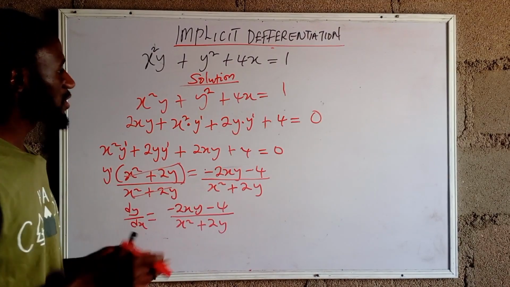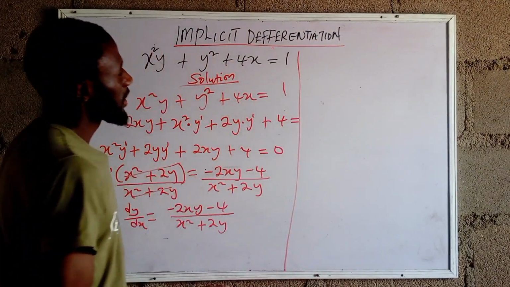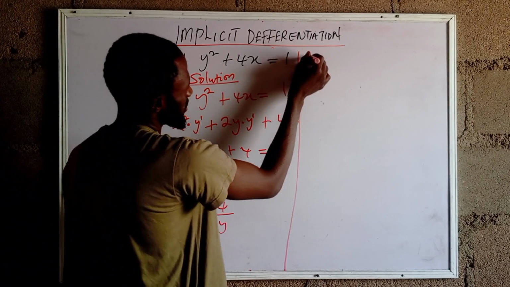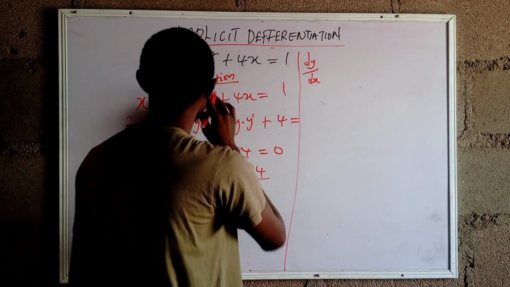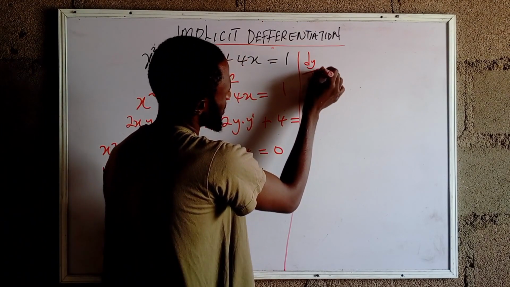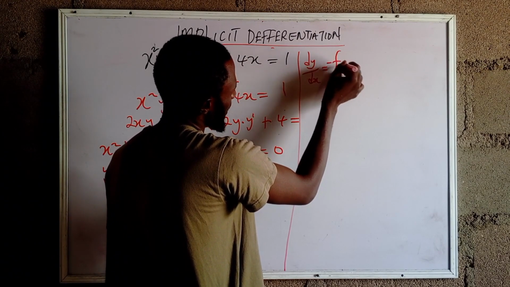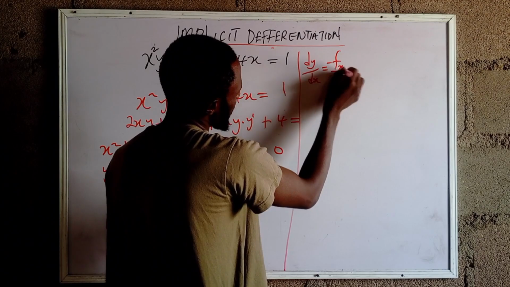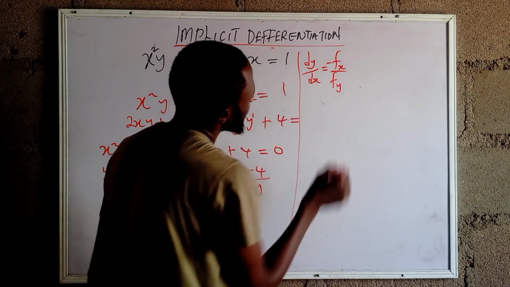That is the end of using the chain rule. And we are going to use the formula now. Let's use the formula method. By the use of the formula, if you have dy over dx, when given a function like this, then dy over dx equals minus f subscript x all over f subscript y.